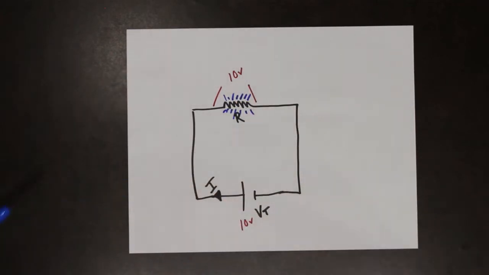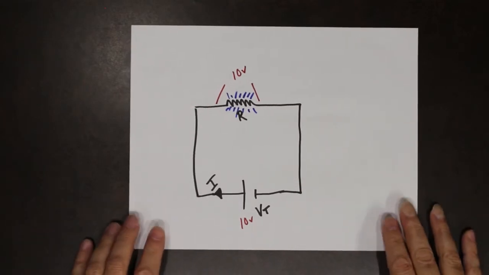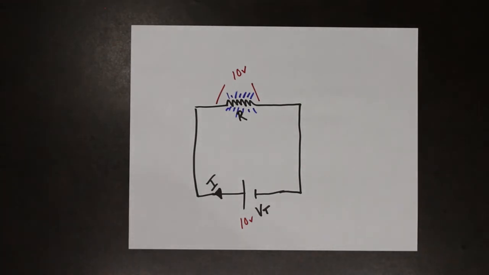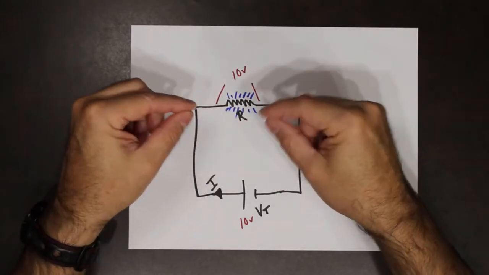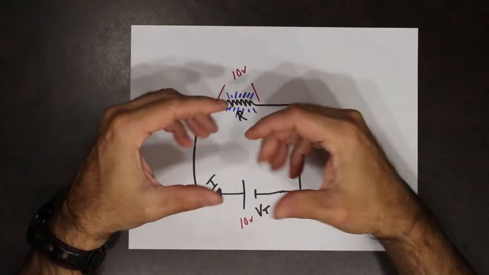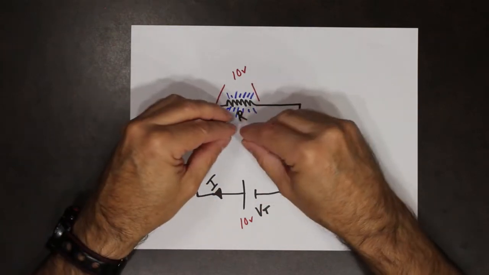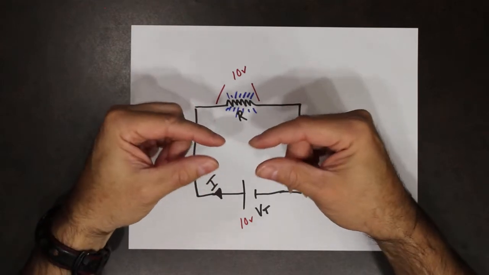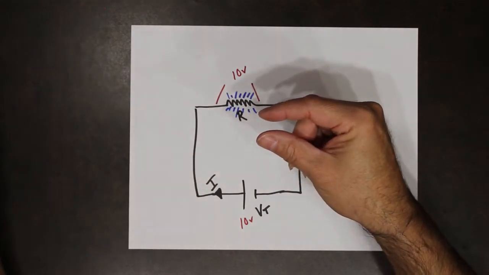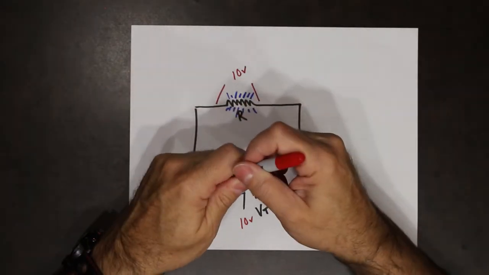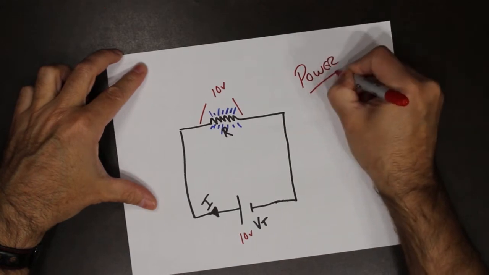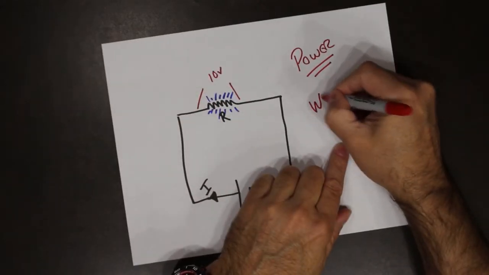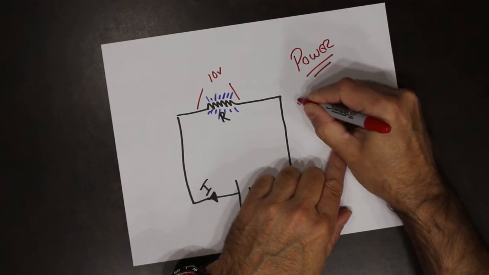The resistors warm up. They dissipate heat, so they give off heat. So the energy transformation goes from this electrical energy that we have, this potential, to heat energy. So the resistor itself gets warm. So the rate at which we get rid of this energy is called power. Power is measured in watts.